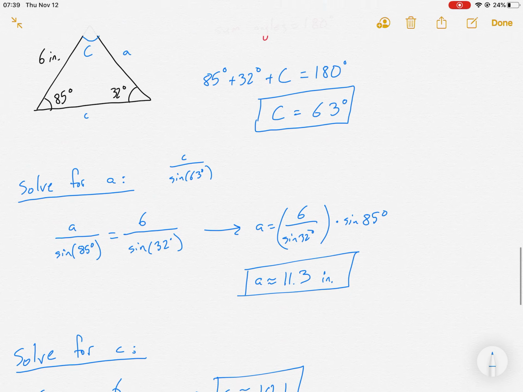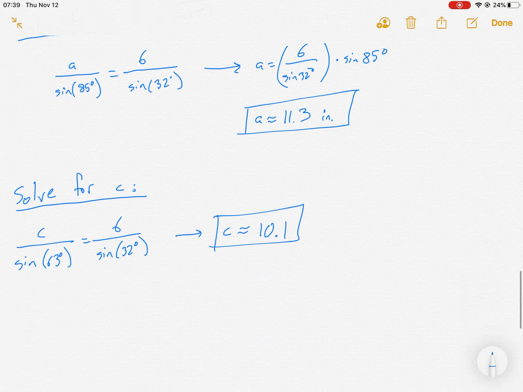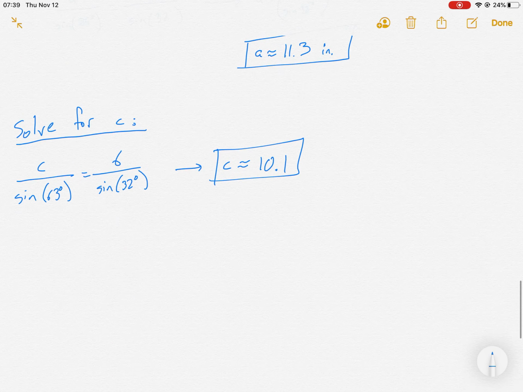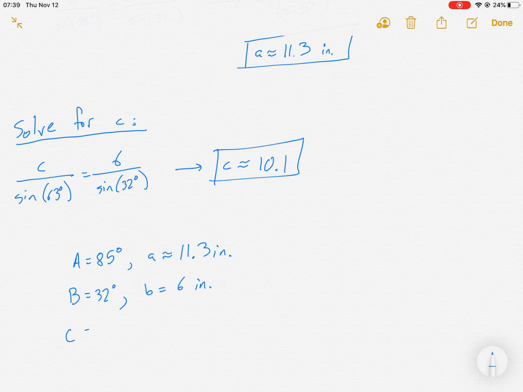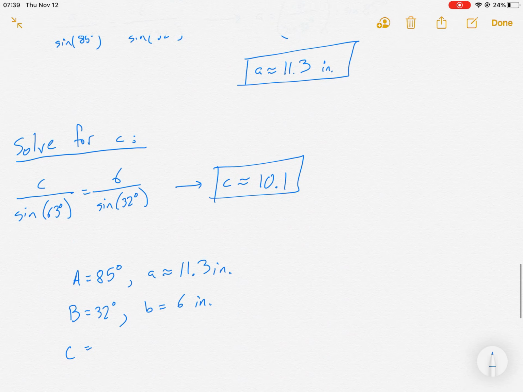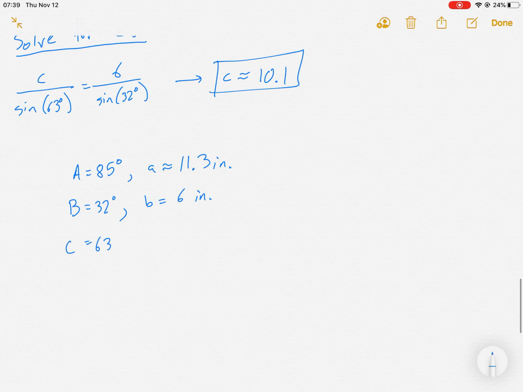Cool. So my triangle now is, I have A was 85, which was given. I got side A is approximately 11.3 inches. B was 32 degrees, and this was all given. And then C was 63 degrees.